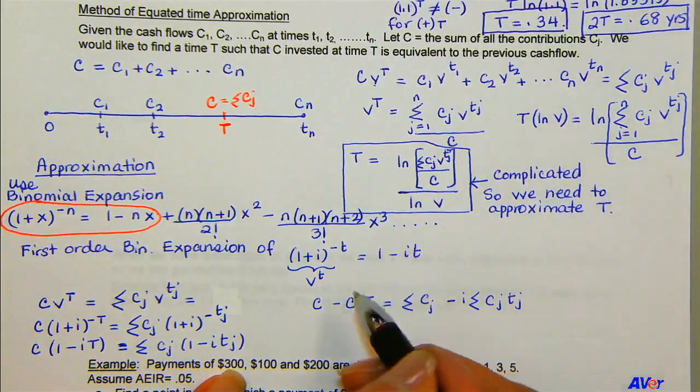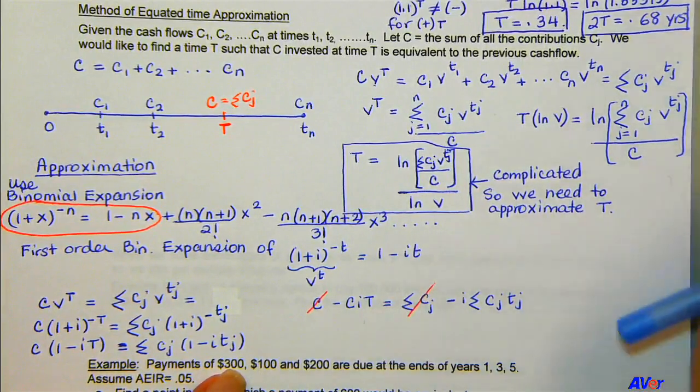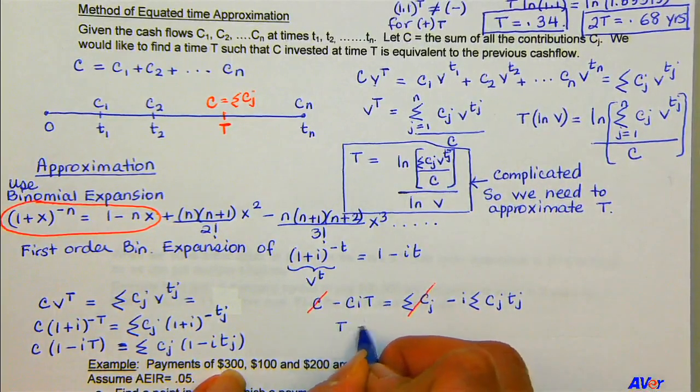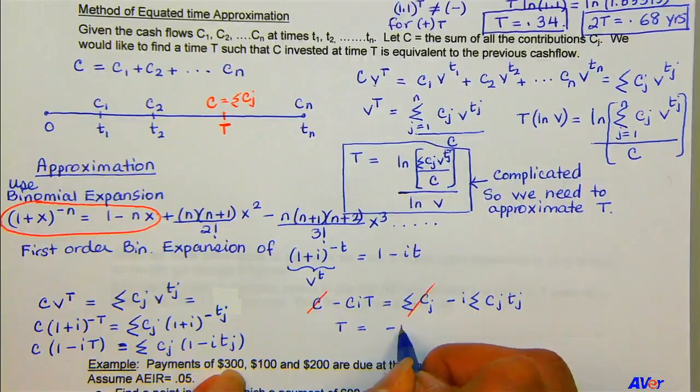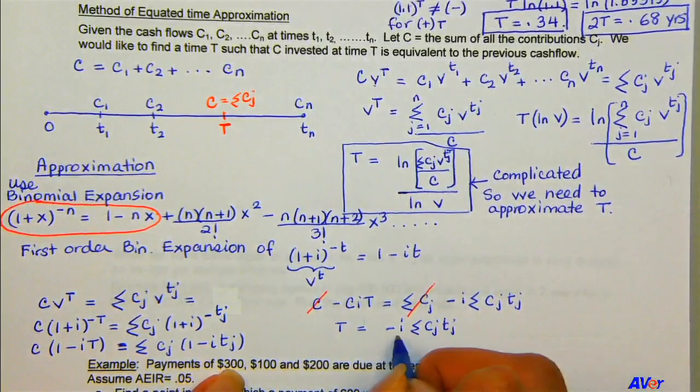This c and this summation of cj cancel because c is equal to the sum of all the contributions. So I'm left with -cit equals minus i summation cj tj.